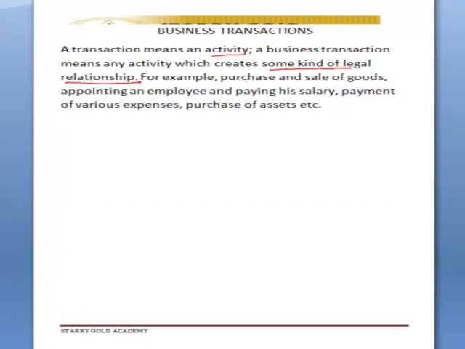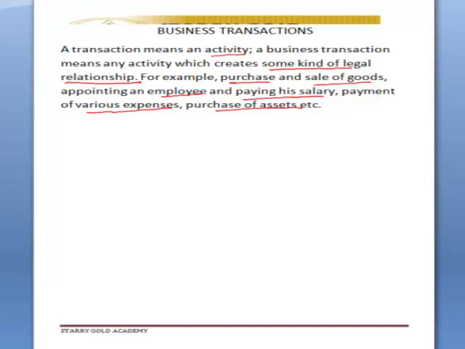For example, a purchase of material, purchase of machine, purchase of equipment, sales of the company's product or goods, employing an employee and paying his salary, payment of various relevant expenses, rent, transportation, purchase of assets. These are what we call business transactions.